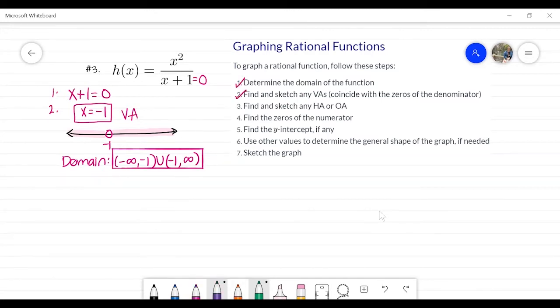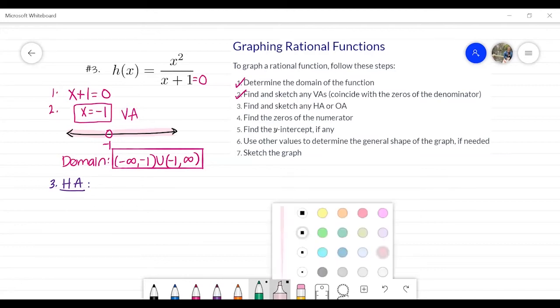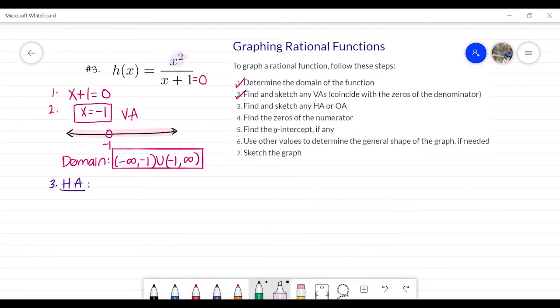Next up, let's look at our horizontal asymptotes. So HA, and again, we always check for these first, and then we backtrack to obliques if we need to. In this case, we're focusing on our leading terms in the numerator and in the denominator.